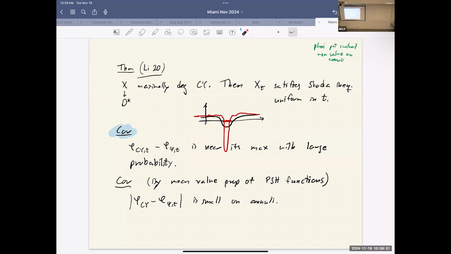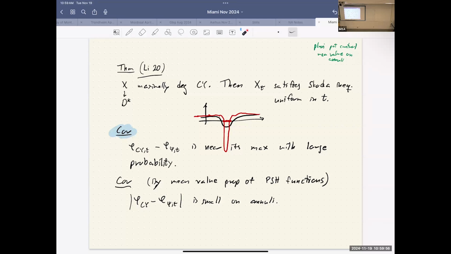I mentioned that the gradient image of this is going to be the moment polytope. That means we have a Lipschitz bound on that. So we have some bounds on this one, and then it follows from the mean value property of subharmonic functions. You cannot deviate so much here. But to apply that, you need to produce some kind of disk to apply this mean value property to it.